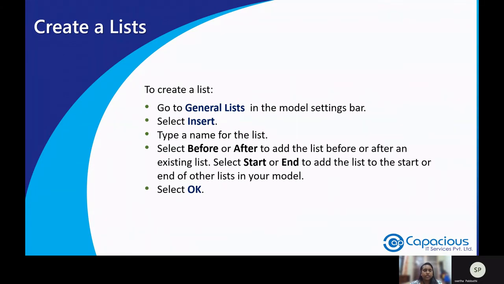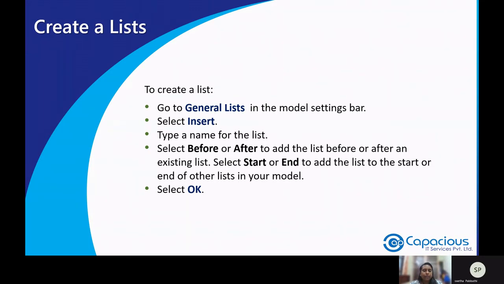Next is how to create a list. These are the steps for creating a list in the model after creating a model. First, we select General Lists in the model settings bar and insert the list, typing a name for it with a certain naming convention. Then we can reorder by selecting before or after, to add the list relative to an existing list.